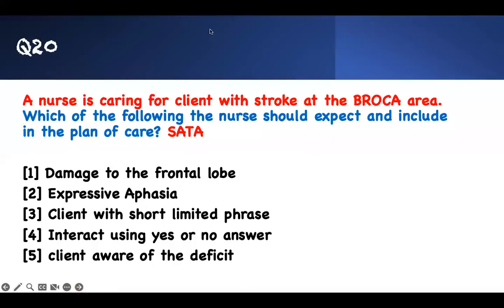Number 20, almost there. Select and apply. A nurse is caring for a client with a stroke at the Broca area. Which of the following should the nurse expect and include in the plan of care? So a couple of things. For the Broca area, I need to indicate if I expect this, and then some teaching I should provide, or what I should include in my plan of care based on that. I do this the easy way.